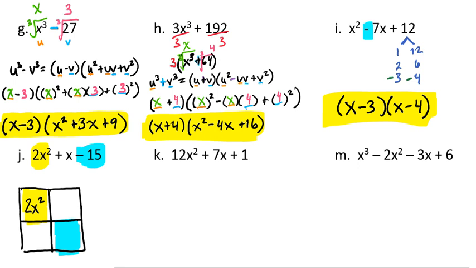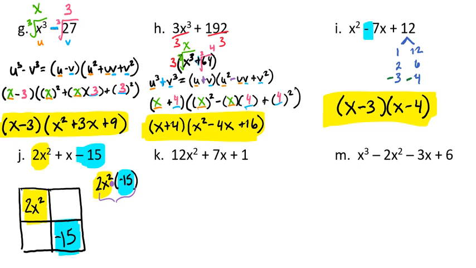So how do you fill in the 2 other boxes? Well, we're going to take this 2x squared and our negative 15. So again, that was the first thing and the last thing, and we're going to multiply those together. And that's going to give us a negative 30x squared.